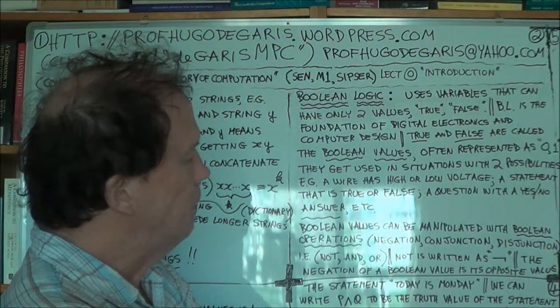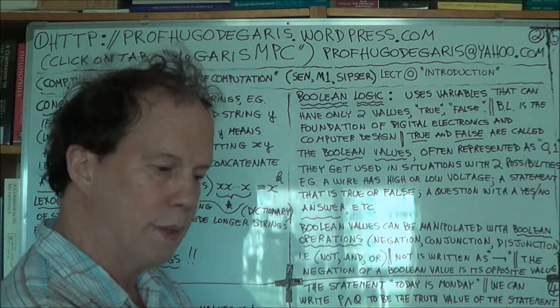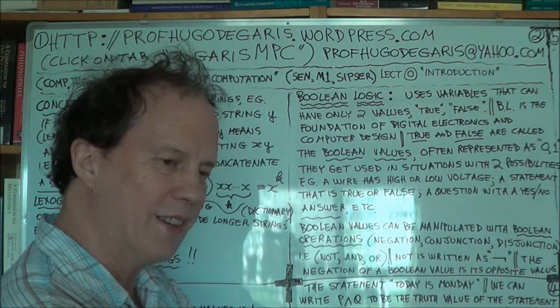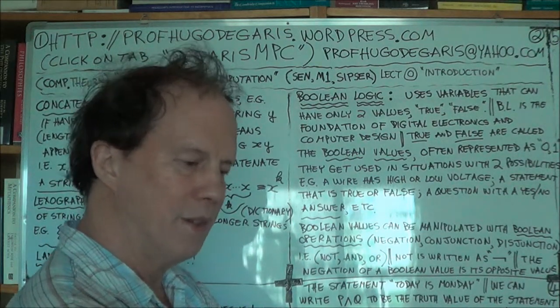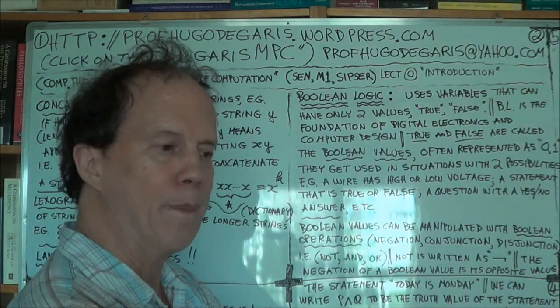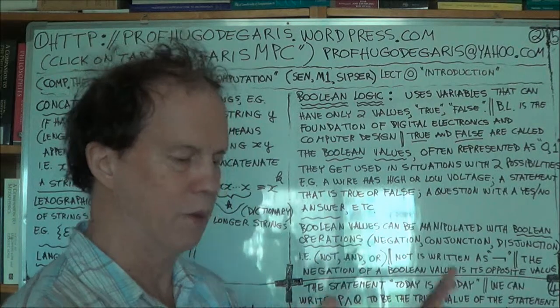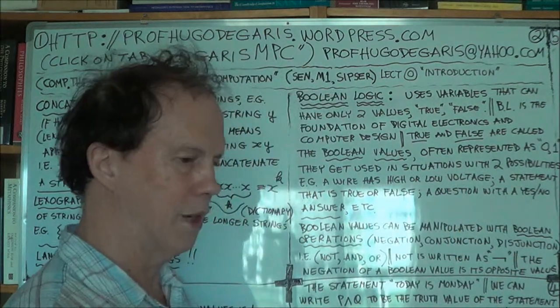And if your number system is Boolean, meaning there are only two values, there are only two numbers in your counting system, 0 and 1. Like in the decimal system, we have 10 different numbers in our counting system.